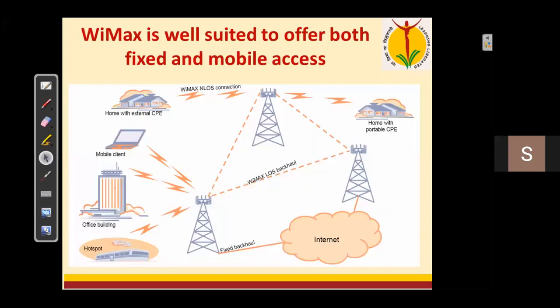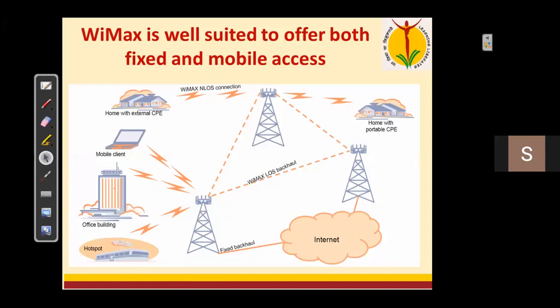So this is the typical structure of WiMAX, for non-line of sight and line of sight. You can see here the fixed black hole, where the signal is not going to come down. We can communicate through another base station through the internet.